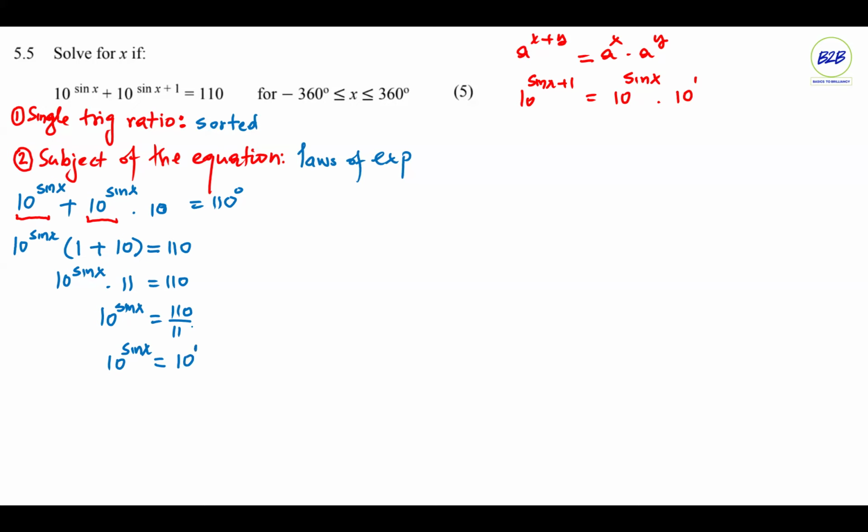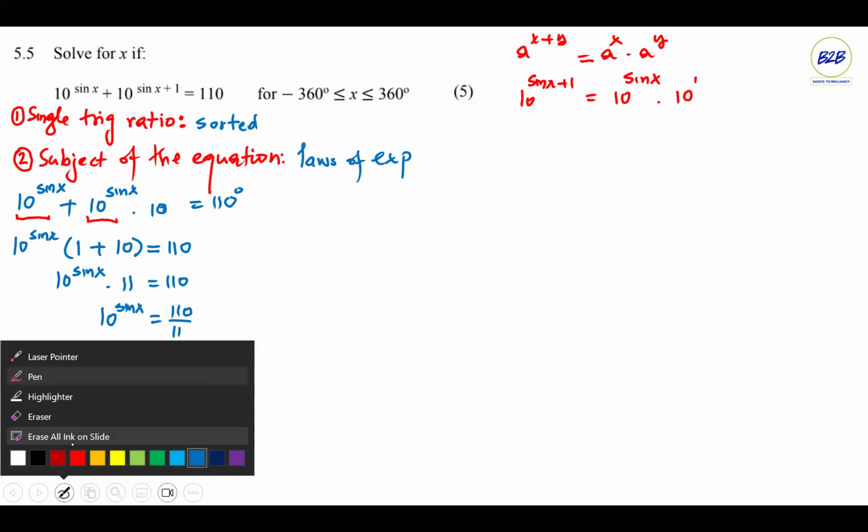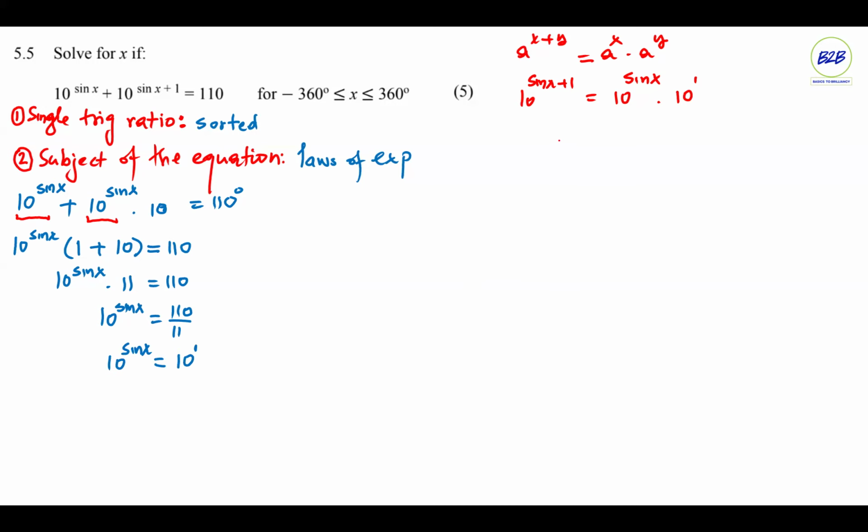Remember, the exponent of any base can be named to be 1 if it is not written. Remember, in algebra, we will always go back to algebra. If we have 2 to the power y equal to 2 to the power 3, then we can make a conclusion that y is equal to 3. Why? When the bases are the same, we equate the exponents.